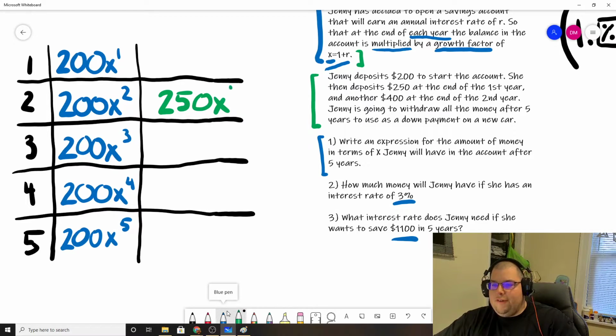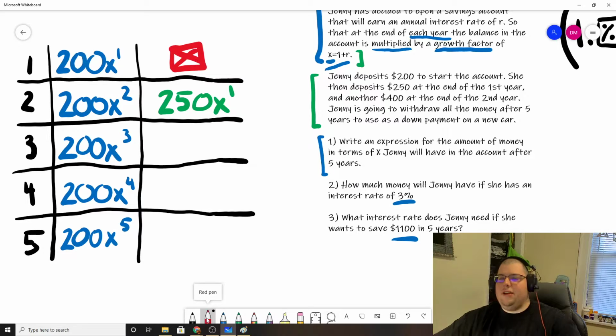So $250 experiences 1 year during Jenny's second year the account is open. Because that money was deposited at the end of the first year, we can't put it in there for the first year because it wasn't in the bank account for the full first year. It was only there for the very end of it.